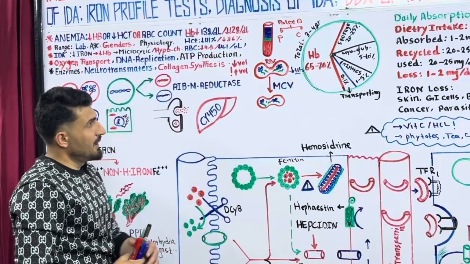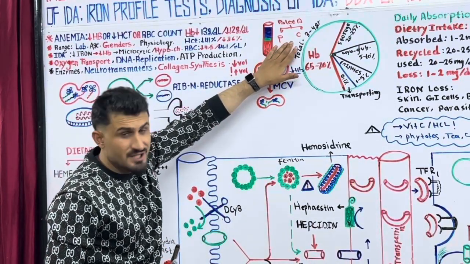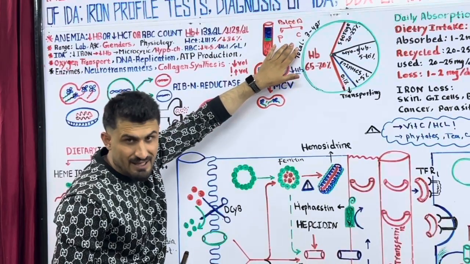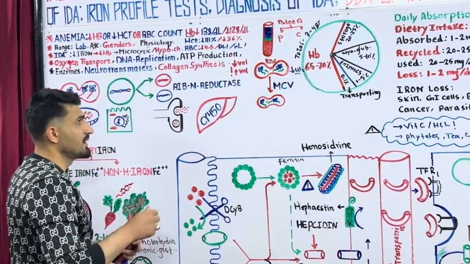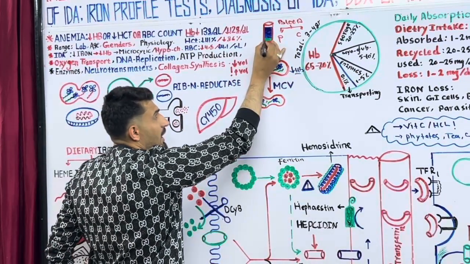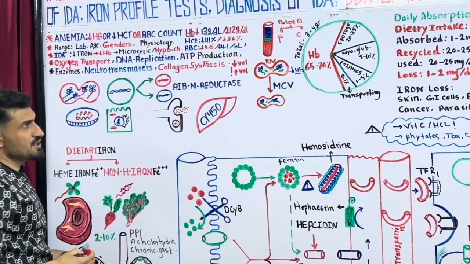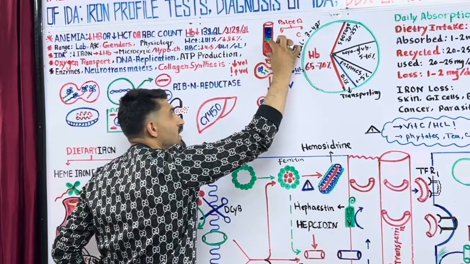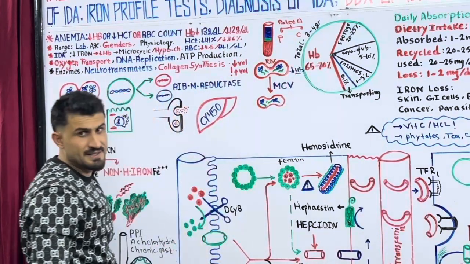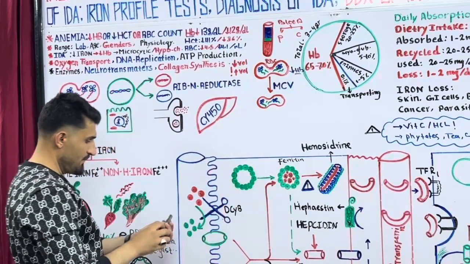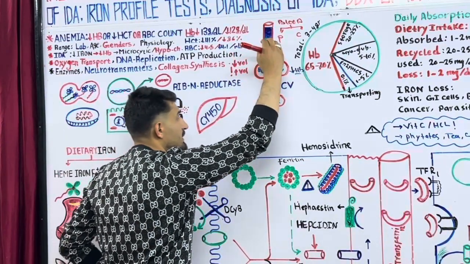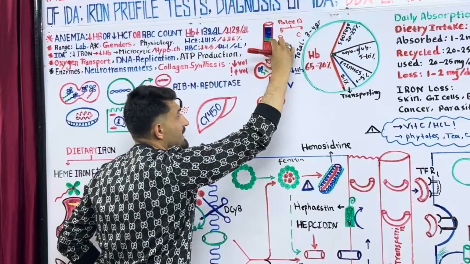About the cells, we have RBCs, WBCs, and platelets in blood. This red part of the tube is made of RBCs, and RBCs go down in the tube.